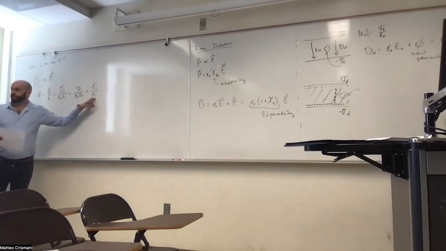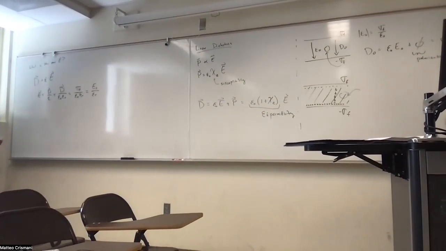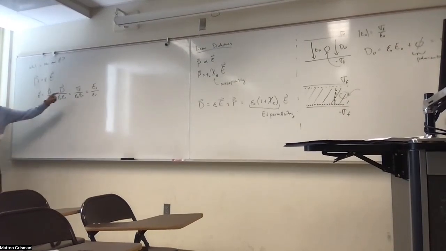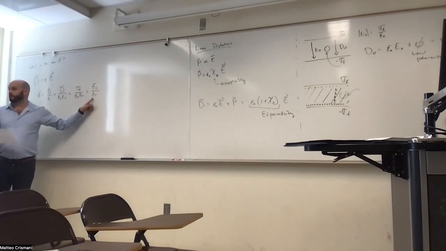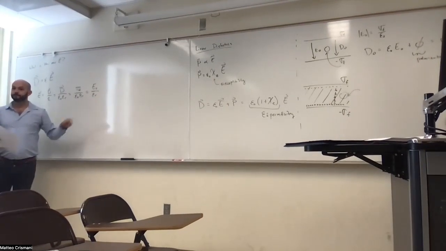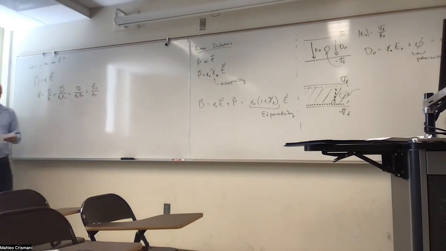This will be 1 in free space and otherwise not for the material. That's the permittivity of the material itself. So the new E is the old E, epsilon naught, divided by the new permittivity. Now we see it.